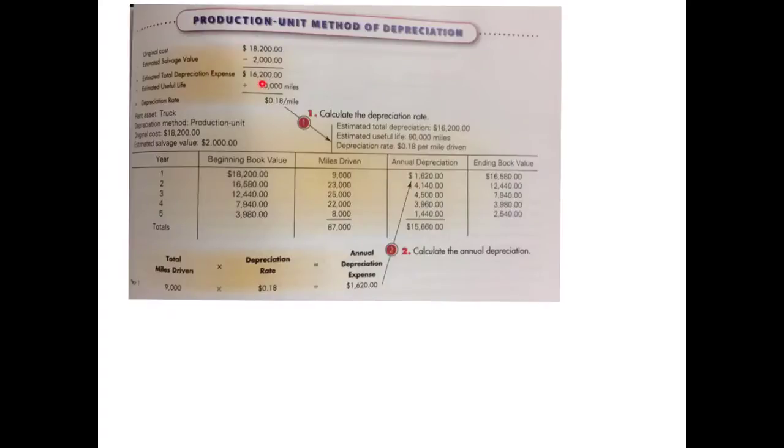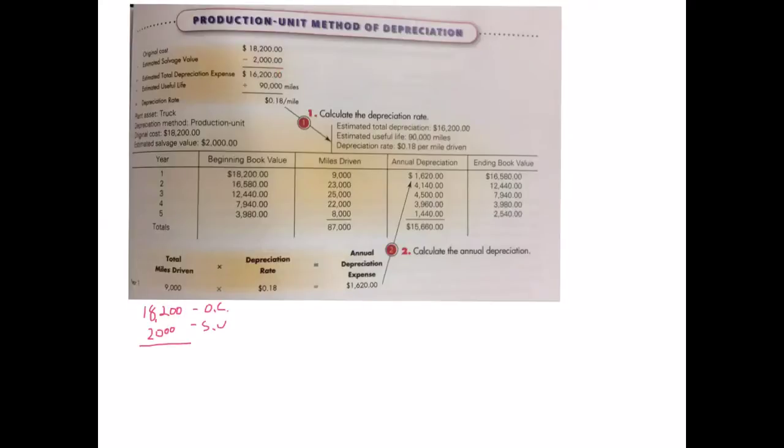We say it has a salvage value of $2,000. So the total depreciation that we can take on this is going to be $16,200. We decide we're going to drive this truck for 90,000 miles, then we're done with it. That's what we expect to get out of it. So that's where we're going to calculate our depreciation. We'll depreciate it by the amount that we use, not necessarily the amount of time.